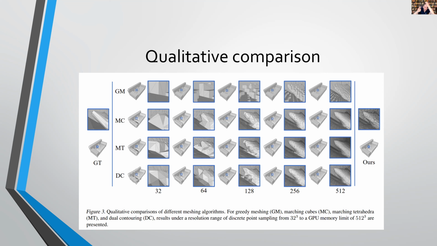Well, okay. Let me rewind. So 20 years ago, you threshold, get your binary metric, run the marching tetrahedrons algorithm and extract the surface. Now what they're saying is this binary surface doesn't have to be extracted by thresholding. We can train an MLP to extract the surface for us.